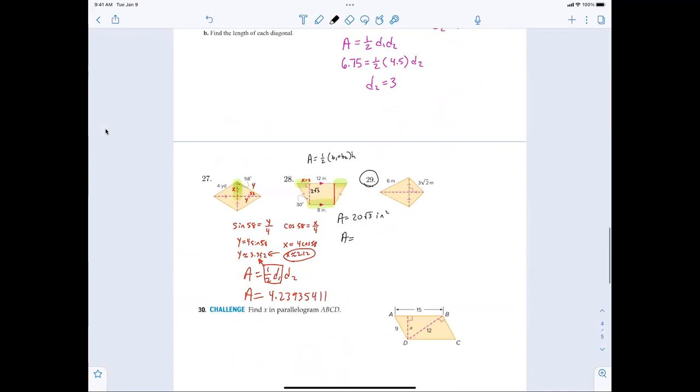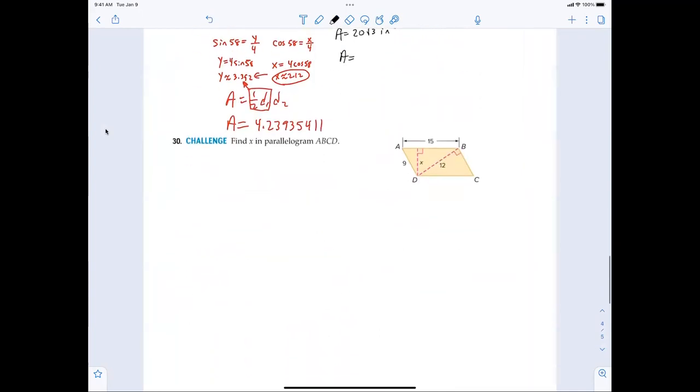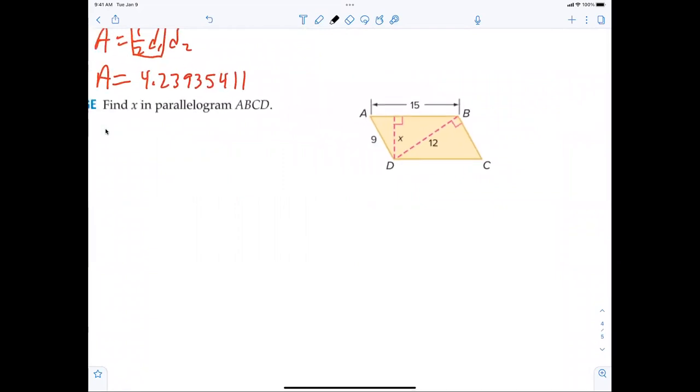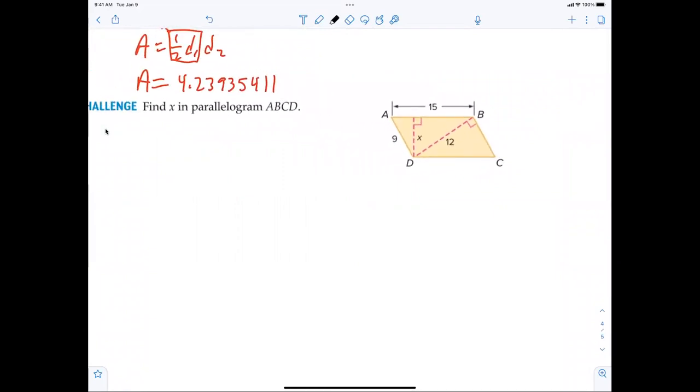30. It's a parallelogram, correct? Anybody? What's the answer?